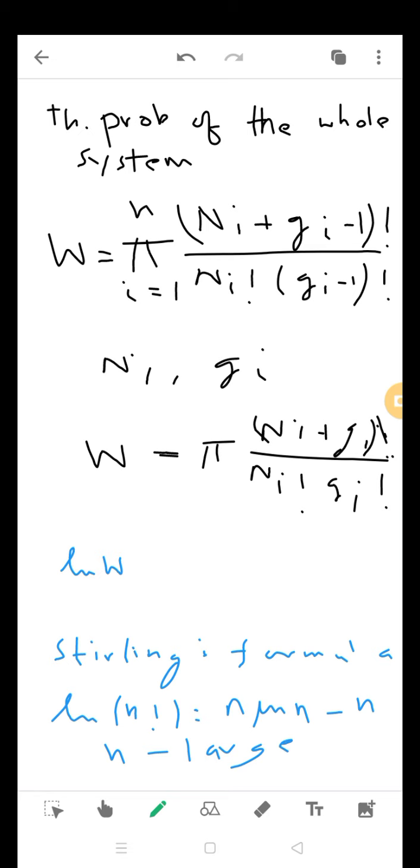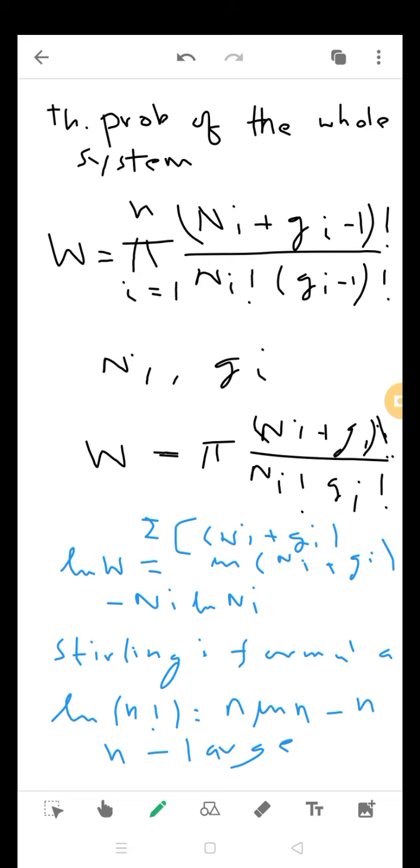In the same notion we can write ln W, which comes out to be a summation of (Ni plus Gi) ln (Ni plus Gi) minus Ni ln Ni minus Gi ln Gi.